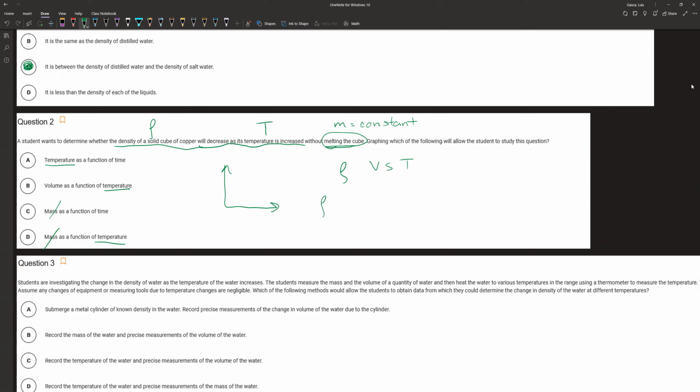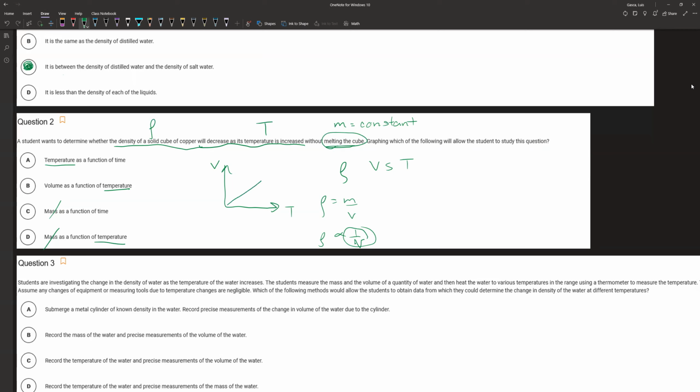So if we remember, the density of an object is the mass over its volume. And so here, if the mass is constant, we could say that the density is inversely proportional to the volume of the object. So by looking at the volume of the object as the temperature changes, we can get some idea about the relationship with the density.